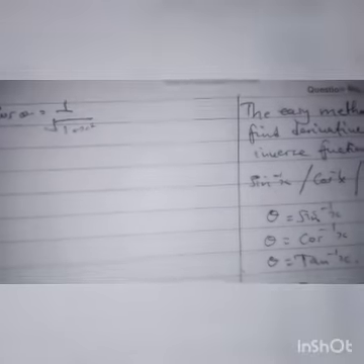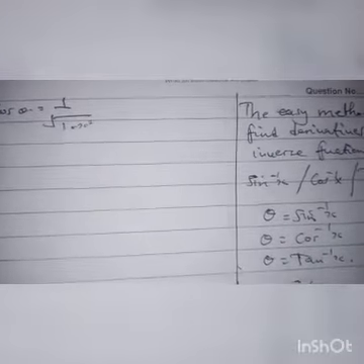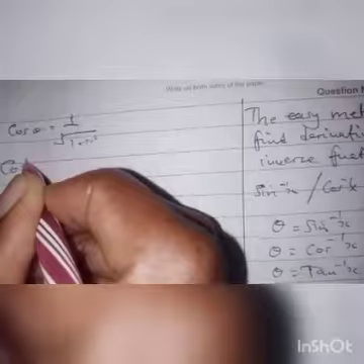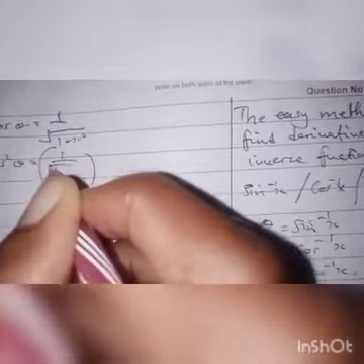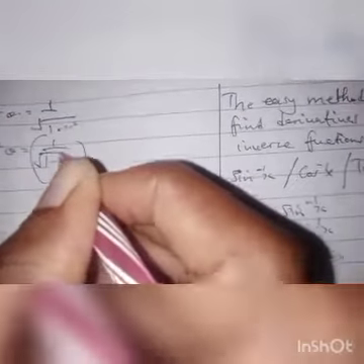But we are interested in cos squared of theta, which we get by squaring this result, which is 1 over the root of 1 plus x squared.